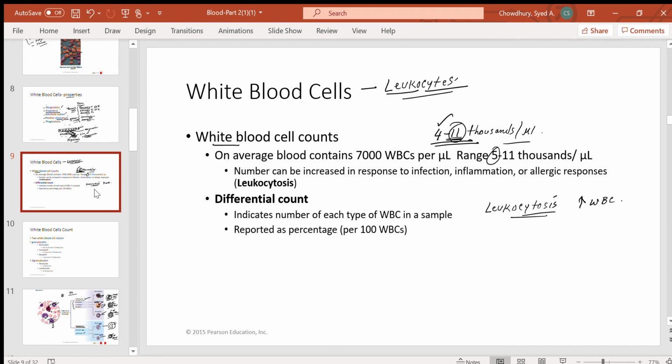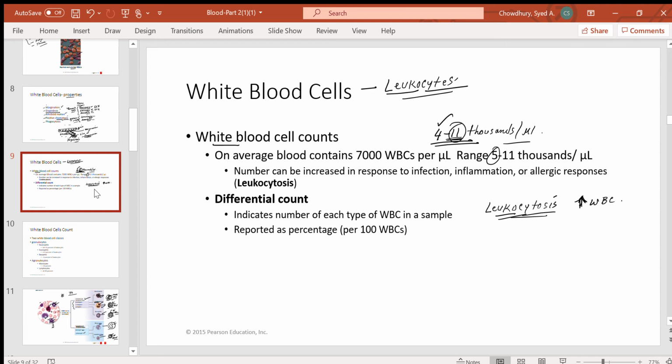Now, what can cause leukocytosis? Very often you can get leukocytosis from a general infection. If any infection occurs inside the body, white blood cells will be produced more to destroy the pathogens or antigens. So this is a good thing. Your body responds by producing more white blood cells, so the count will be higher.